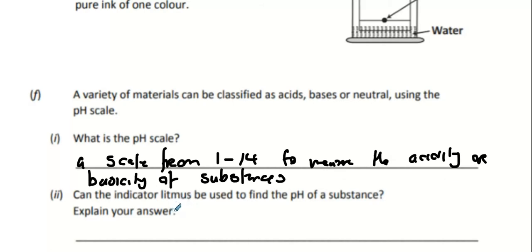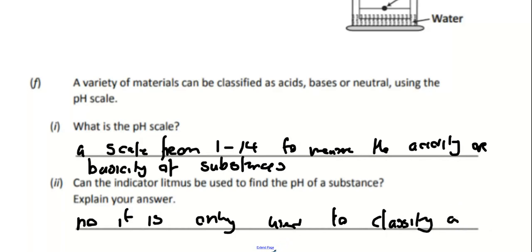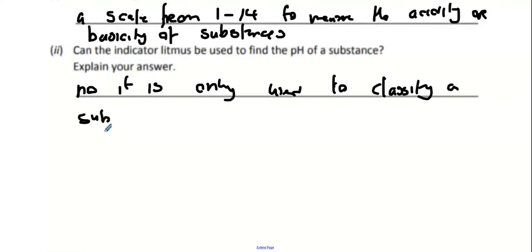Can an indicator of litmus paper be used to find the pH of a substance? No. It is only used to classify a substance as an acid or base.